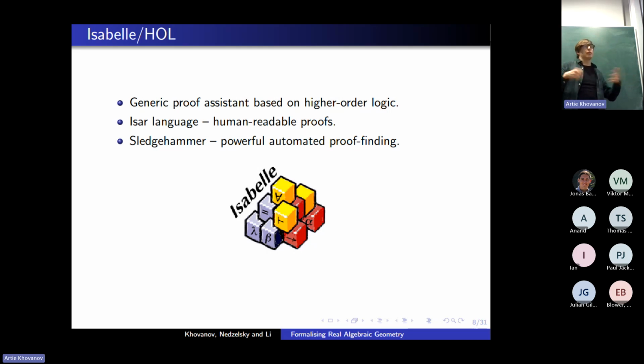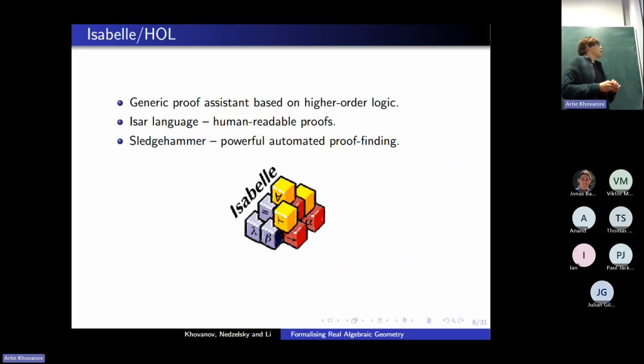I'll show some proofs later, so you'll be able to judge if they're human readable, but I think they're quite readable once you get used to it. And Isabelle also has Sledgehammer, which is the famous, powerful proof automation tool.